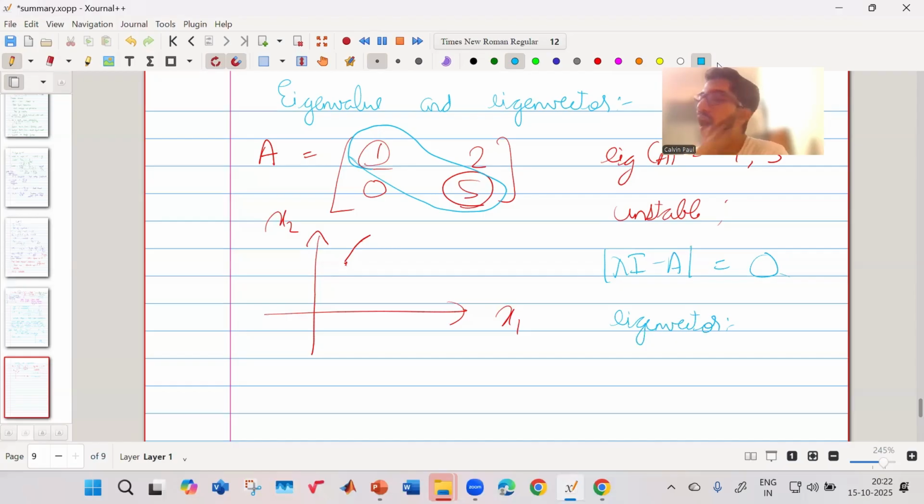AV equal to lambda V. So lambda I minus A into V bar is equal to 0. This will be 0 bar. It is a vector. Okay, this is another thing: you have to find eigenvalues and eigenvector.